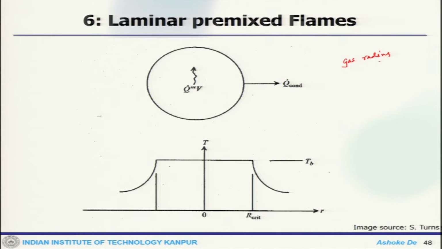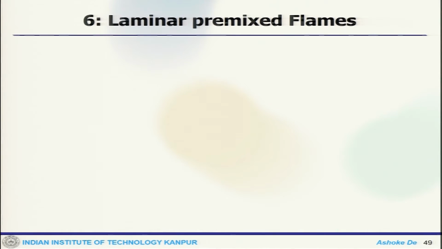So, this is the gas volume radius, and here we will put the spark, and this is the critical radius, and that would be the burn temperature because of the heat production. So, we can correlate the heat generation from the energy equation to the heat conduction.